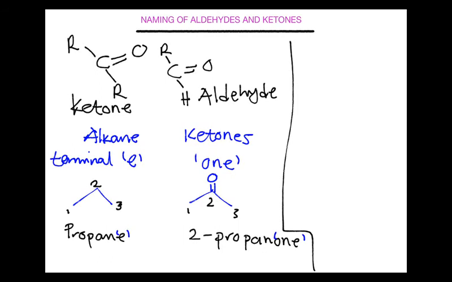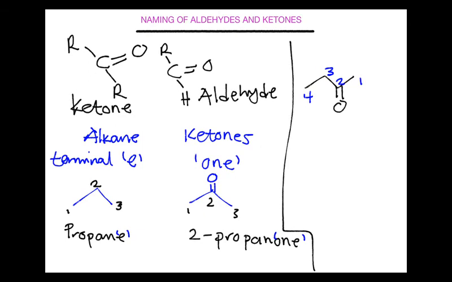What about this? Alright, the first thing we have to do is to find the longest chain, just like we're doing with an alkane. So we'll start by numbering from here: 1, 2, 3, and 4. Now in naming, when we have a functional group in the longest chain, we make sure the number of the carbon bearing it is very low.